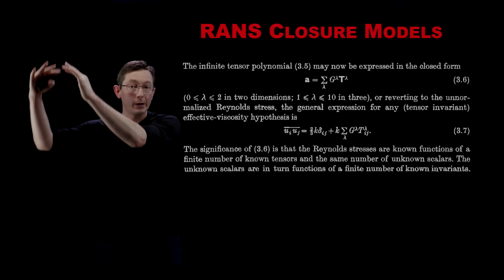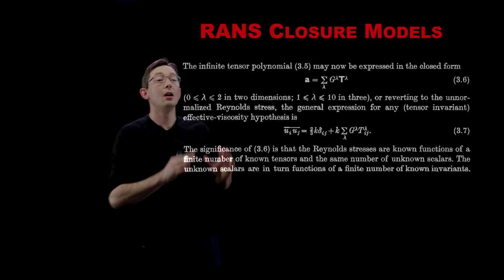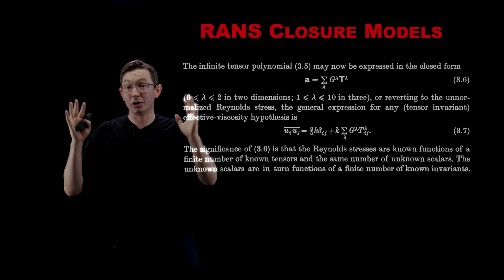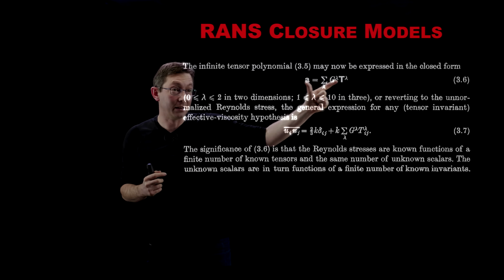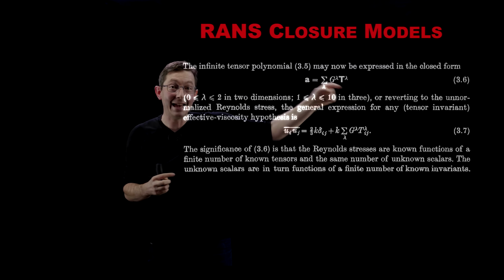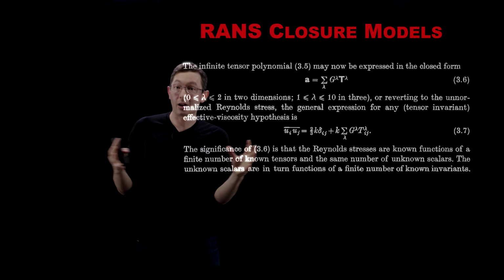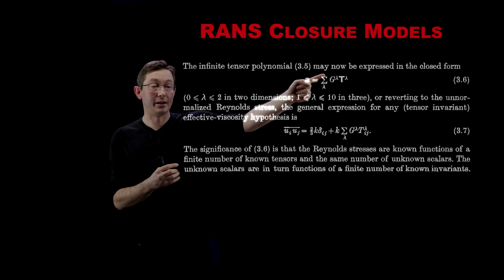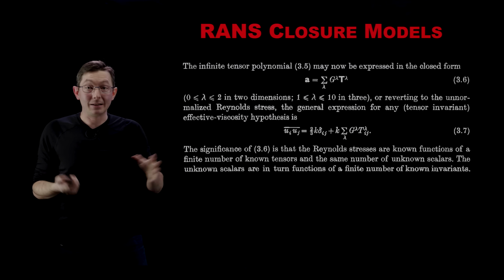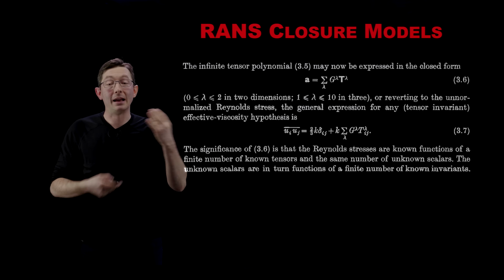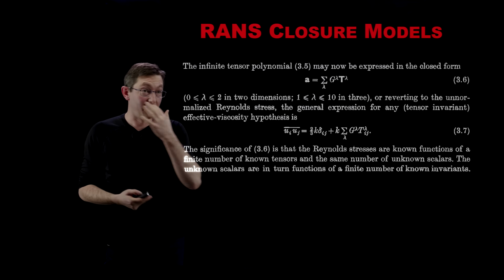There's this really rigorous mathematical justification for why a general RANS model should take this form, where there are 10 kind of basis tensors that you're going to add up in a special combination to get your Reynolds stresses. And this might vary in space and in time, depending on different properties of the bulk flow.